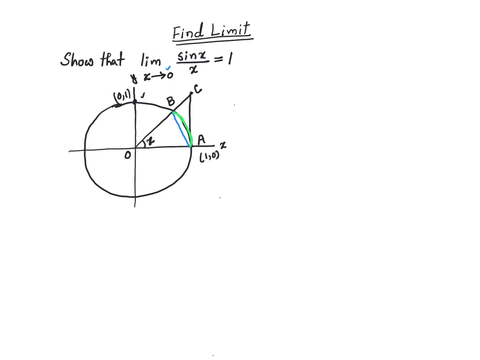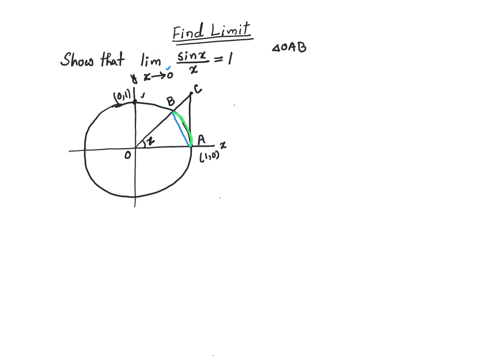Two are triangles and the third one is a pizza slice, as labeled green here. So I'll clarify on that later. The angle is x, which is in radians. So let's consider the triangle labeled OAB, which is the triangle with one side blue.